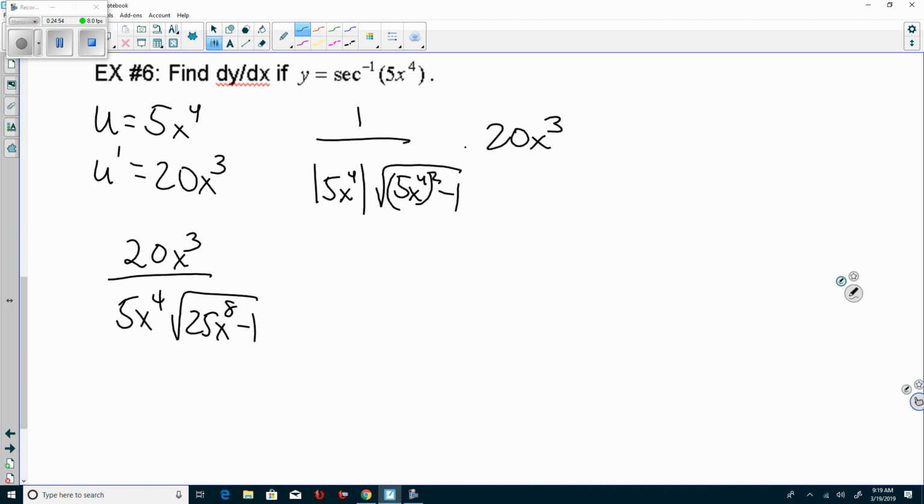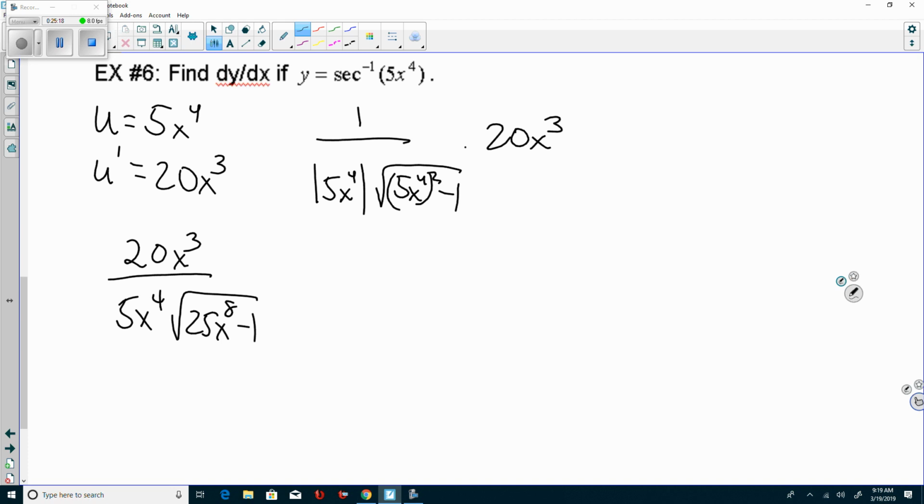Because no matter what value you plug in for x, any value raised to an even number power is going to be positive. If it was an odd number, I'd have to leave it, because negative 2 to the 3rd power is negative 8. Negative 2 to the 4th power, 2, 4, 8, 16, is your positive 16. So it's always going to be positive.